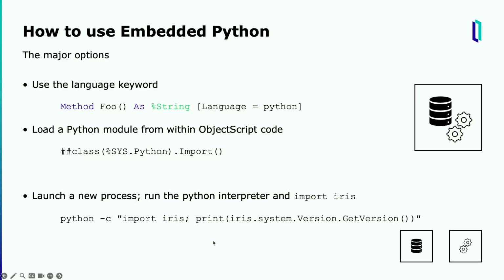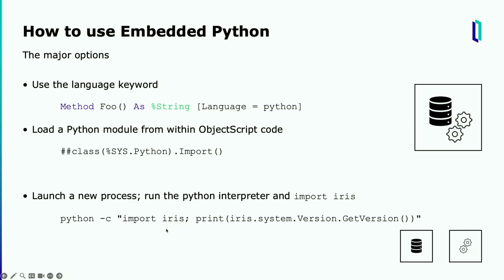The option where we're actually running a secondary process that connects to Iris is by running the Iris Python interpreter for a Python script that you've built, and that's leveraging the embedded Python package, which is import Iris, same package name, and you connect out to Iris.